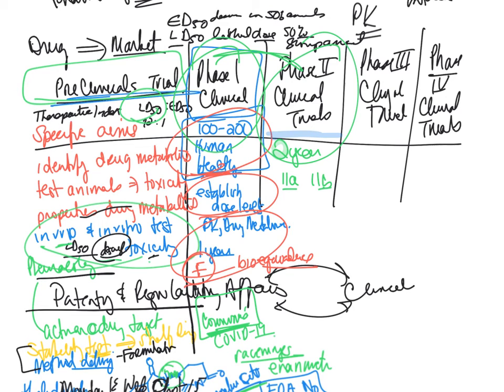They're usually double blind, placebo controlled. So even the doctors that are in charge of the clinical trials don't know which patients are receiving the medication versus which ones are receiving the placebo.